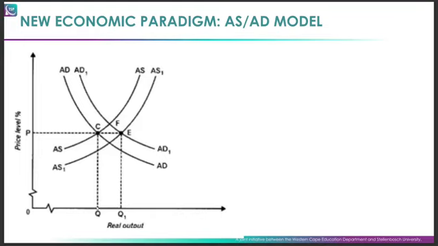You see it's moved from Q to Q1, but your price has still remained constant. There's no change in the price. So without putting any supply side policies in place, you would have had a new equilibrium at point F, but because you're stimulating both demand as well as supply, there is an increase in the quantity demanded and supplied, but the price remains consistent.